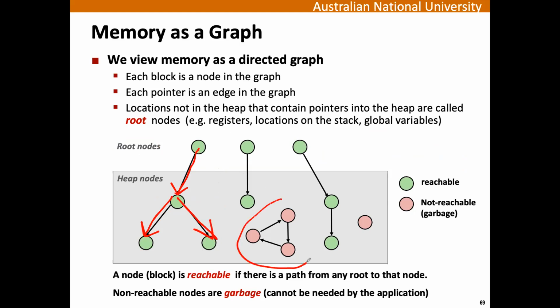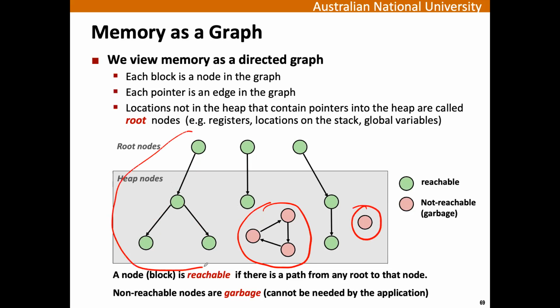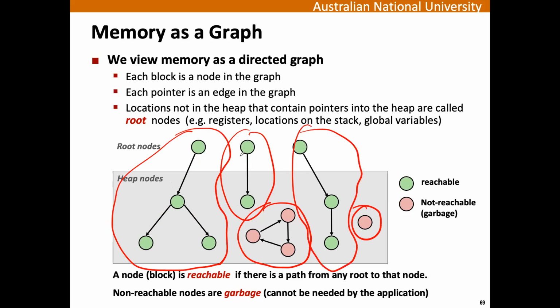But there are some nodes that are not reachable from the root node. After the garbage collector has done all the analysis, it knows which nodes are no longer useful, so these nodes can be freed safely.